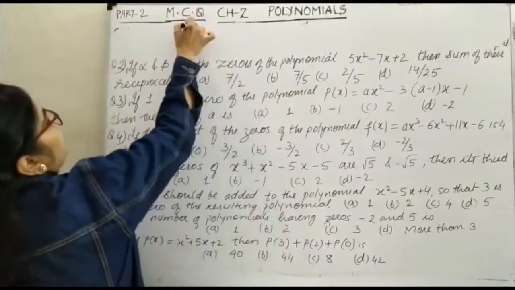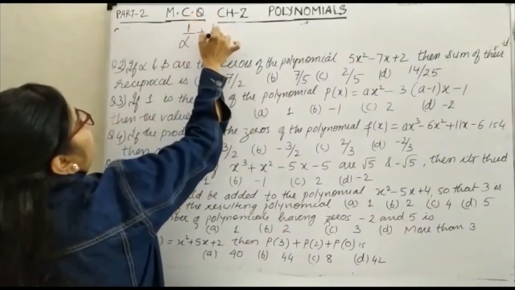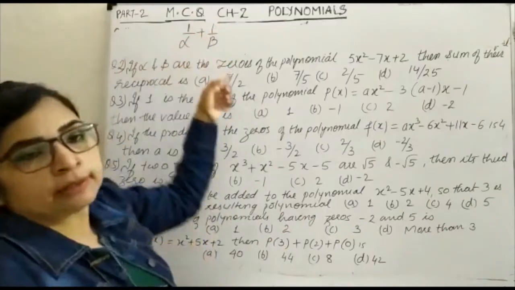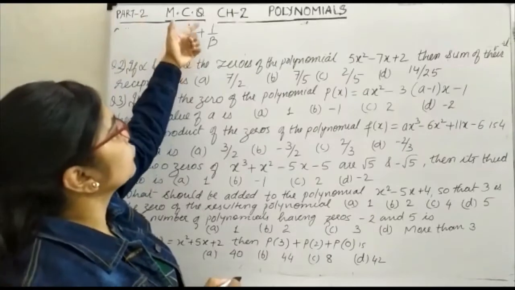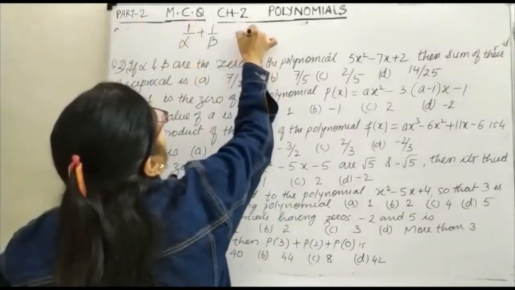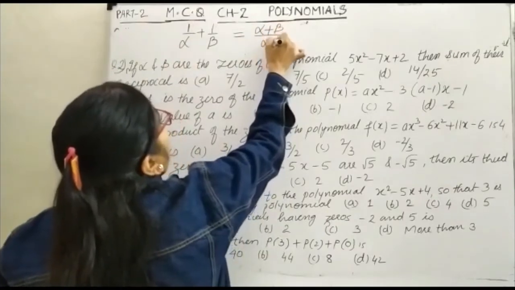So what will be the reciprocal? 1 upon alpha plus 1 upon beta. If alpha and beta are the zeros, then their reciprocal sum will be 1 upon alpha plus 1 upon beta, and this will be equal to alpha plus beta upon alpha beta.